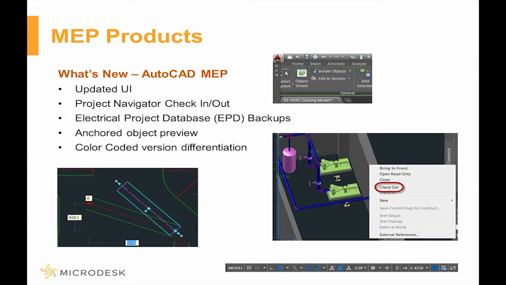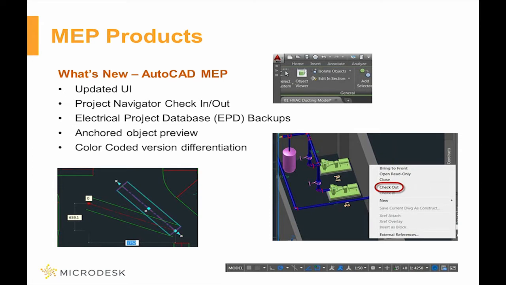Also, one new feature added during the design process is the Project Navigator check in and out feature. So here we have the ability to be working on a project file that other users may be working on and check out maybe a piece of mechanical equipment and edit that in a drawing and then check it back in without affecting other users working on that specific drawing.